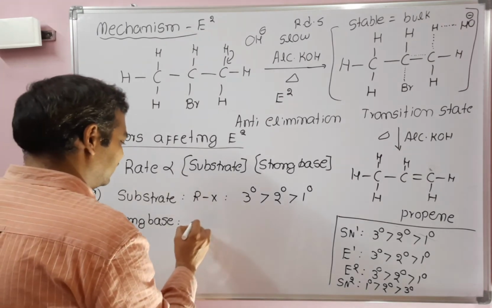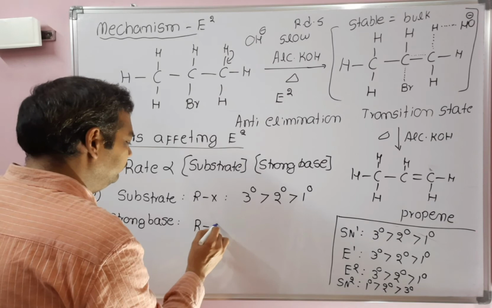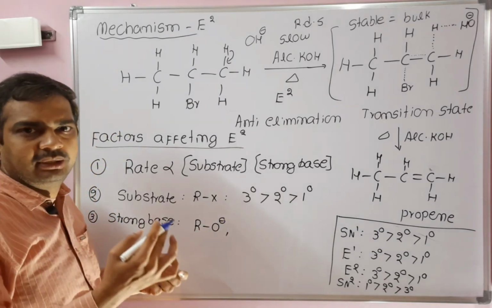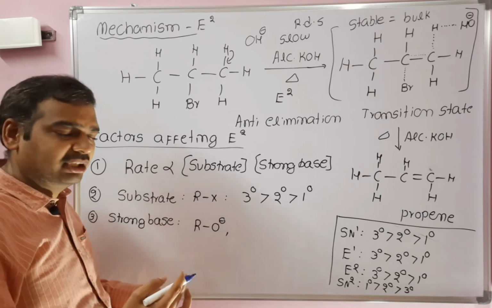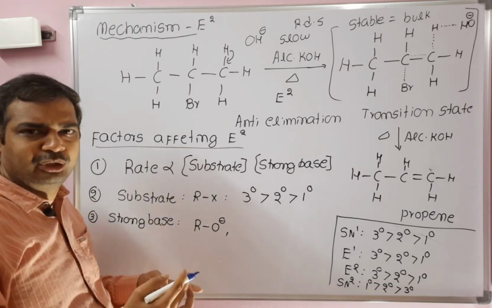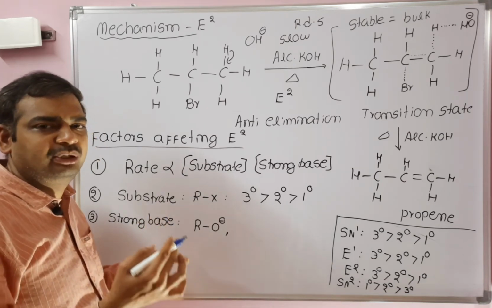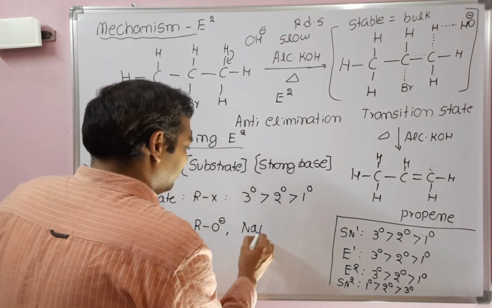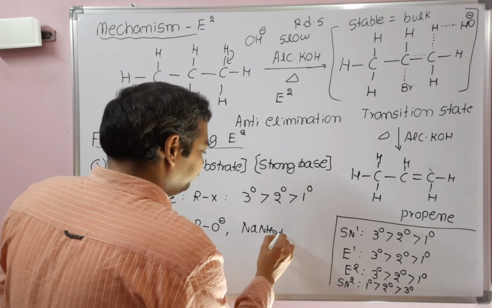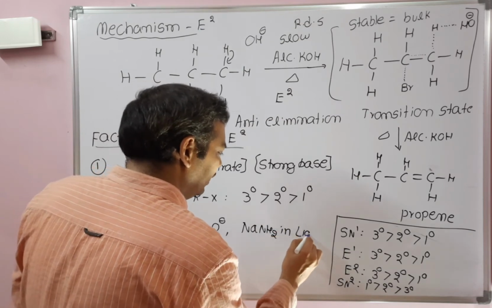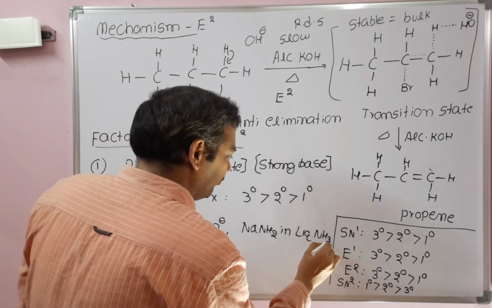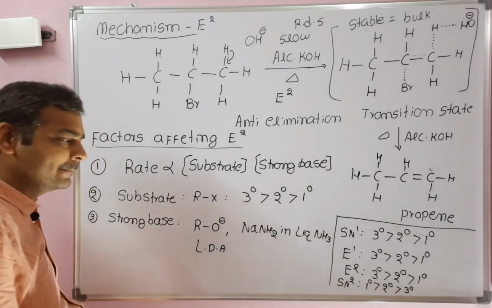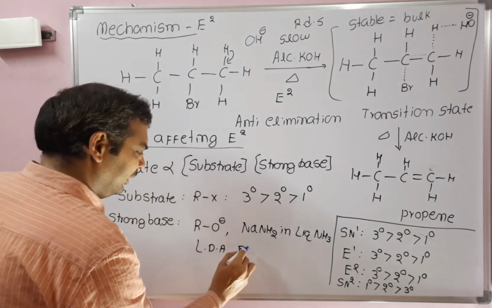The strong bases generally used are RO minus, methoxide, tertiary butoxide, like sodium methoxide, potassium tertiary butoxide, sodium tertiary butoxide, sodamide in liquid ammonia, LDA, lithium diisopropylamide, and triethylamine.